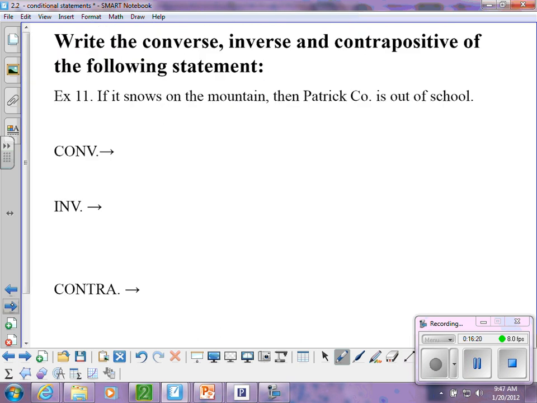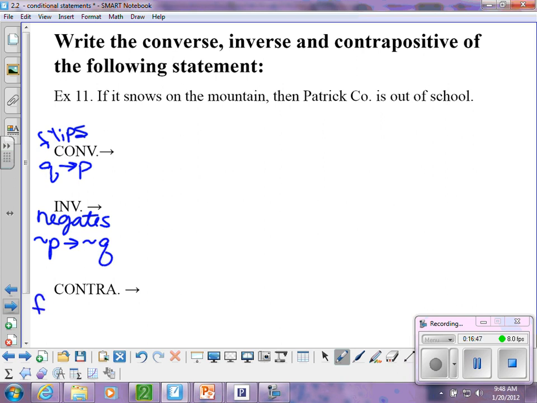All right, write the converse, inverse, and contrapositive of the following. Real quick, let's just talk over here. What does the converse do? Yep, flips. So it makes it Q implies P. What's inverse do? Negates, that's right. So it makes it not P implies not Q. And what does a contrapositive do?